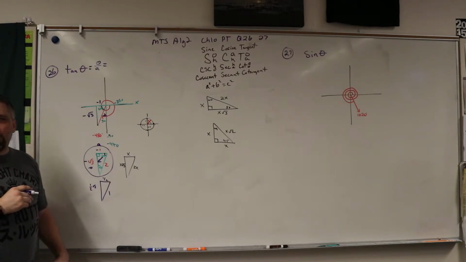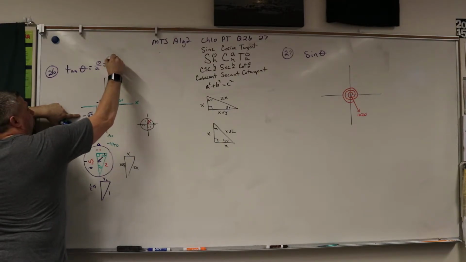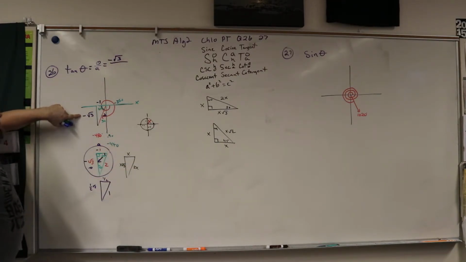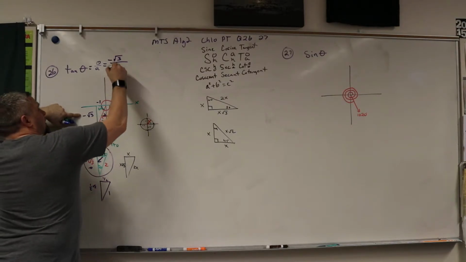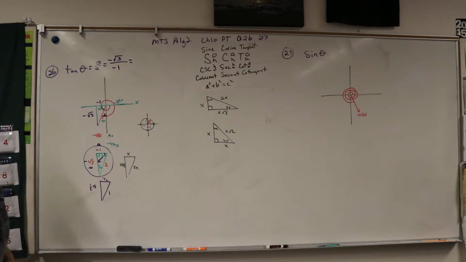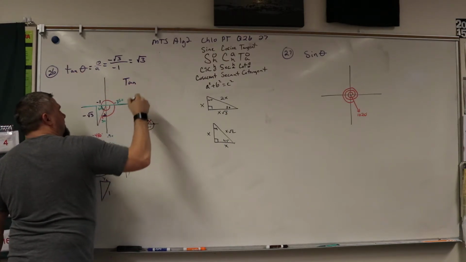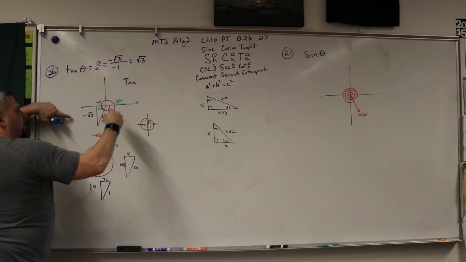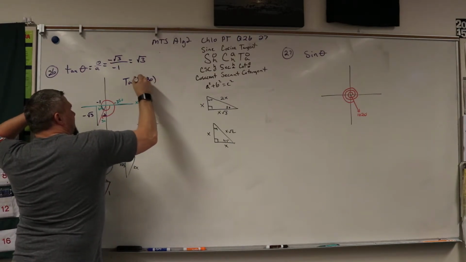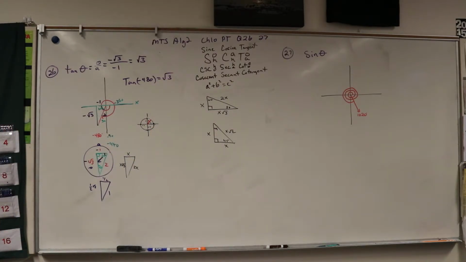This is A. So what's O? Negative square root 3. What is A? Negative 1. So that's a negative over a negative, which makes a positive. So we got square root 3. So tangent of negative 480 is equal to the square root of 3. How is that?